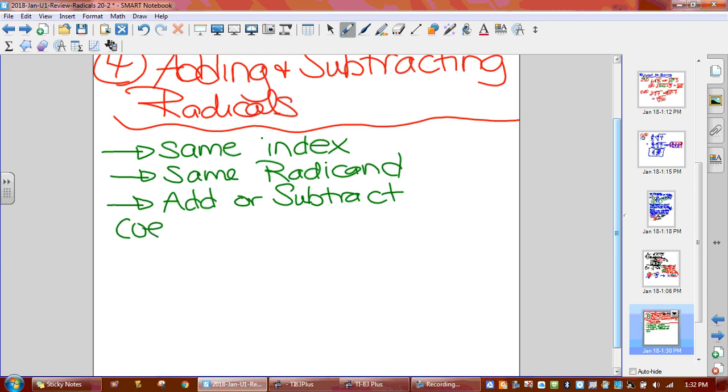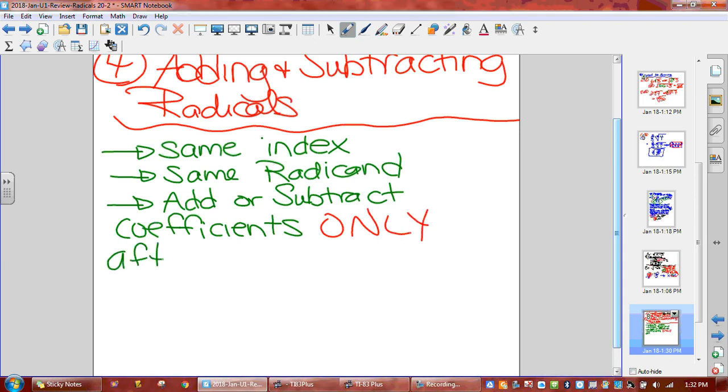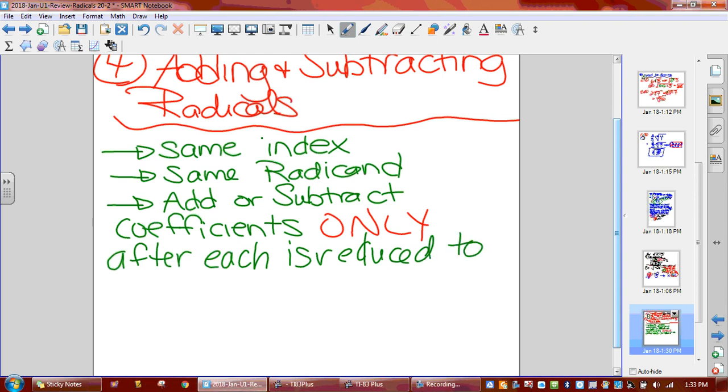And that's after each is reduced to simplest mixed form. Okay, so you need a simple mixed radical form.